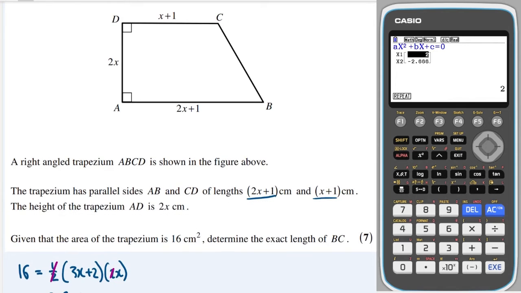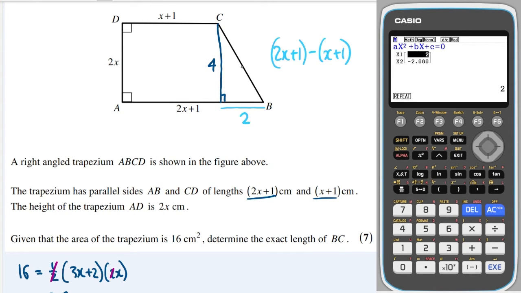So let's go back to the diagram. And let's draw a line down here. We know x is 2, so this is 2x, so that's 4. We know that the gap down the bottom here is going to be 2x plus 1 minus x plus 1. So that's just x, which is just 2.